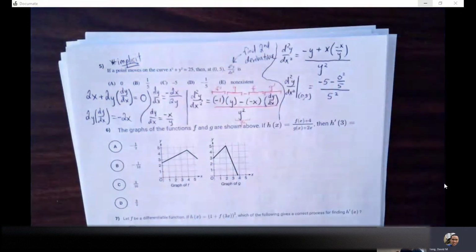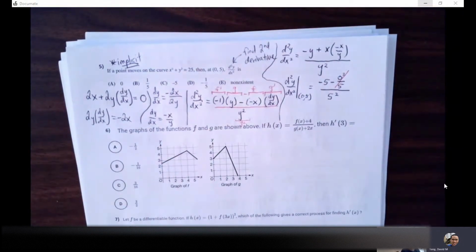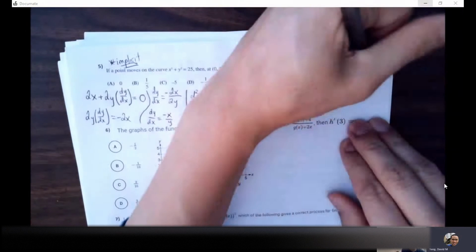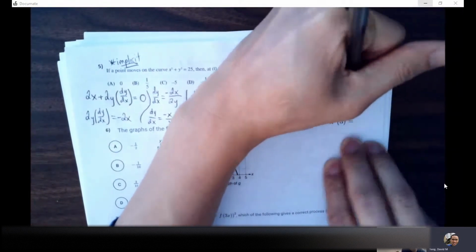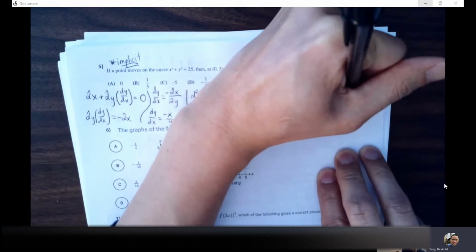We know the 0 is just going to go away, so that's not going to be a factor here. So negative 5 over 25, which reduces to negative 1/5.